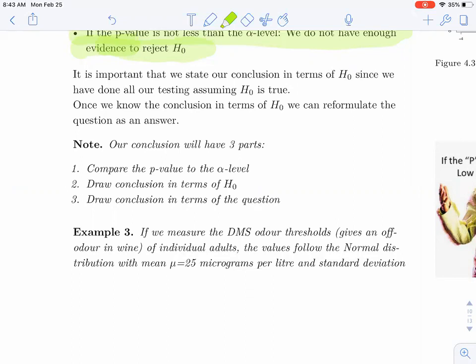Then you're going to draw your conclusion in terms of the null hypothesis. If the p-value is less than the alpha level, you have enough evidence to reject H naught. On the other hand, if the p-value is not less than the alpha level, you do not have enough evidence to reject H naught. And then what does that mean in terms of the actual question?